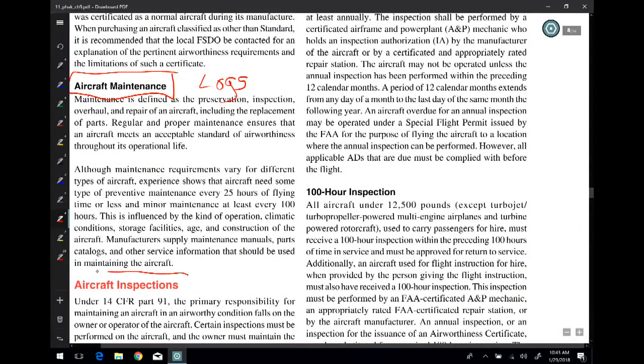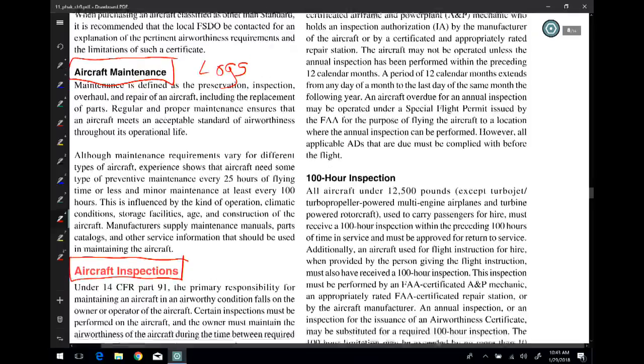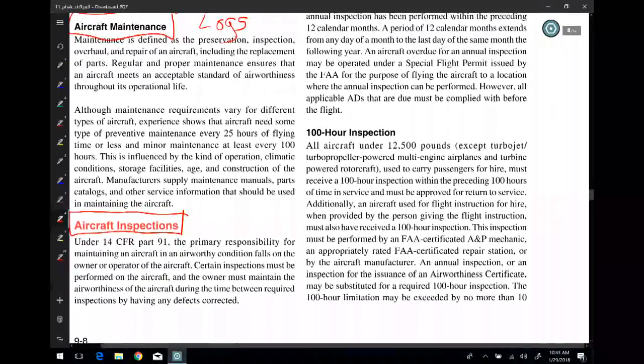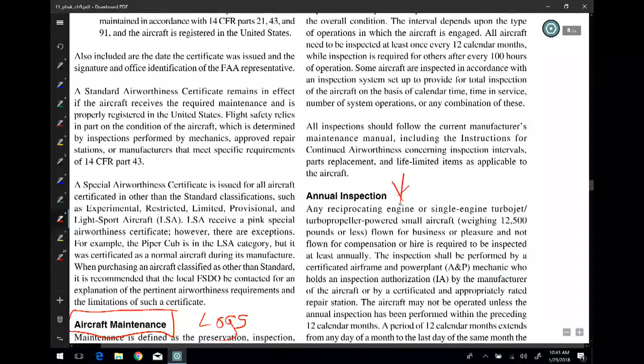Here's another heading under the types of inspections that you have to have. And look here. Do airplanes get inspected? When and why? Well, if we look right here, this is where we talk about these inspections. We can see that we have this kind of an inspection.